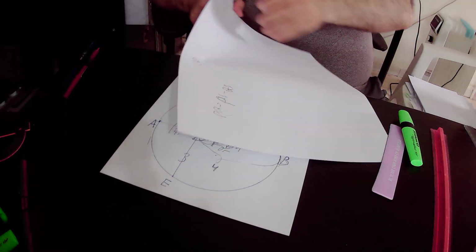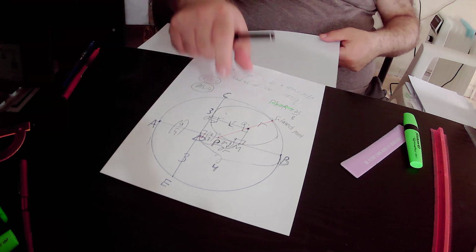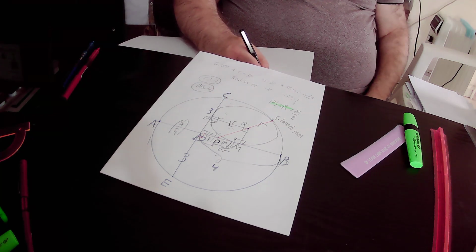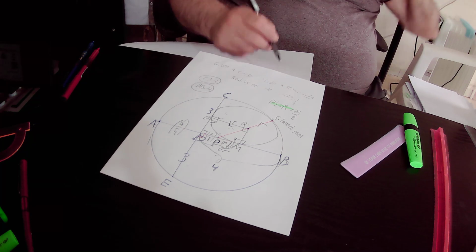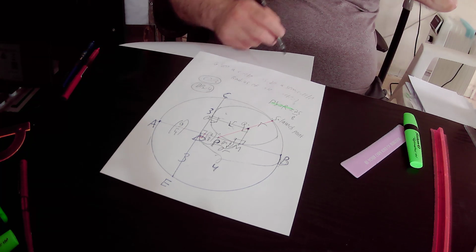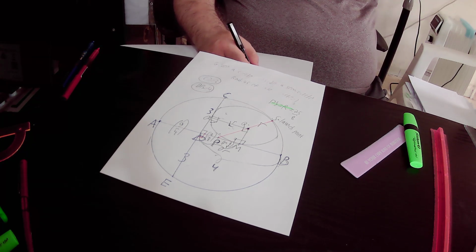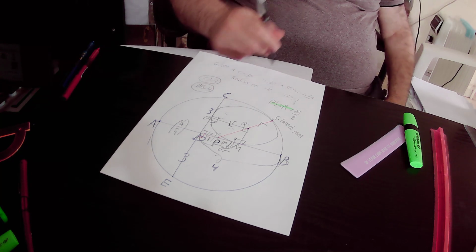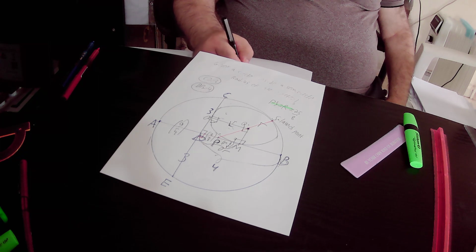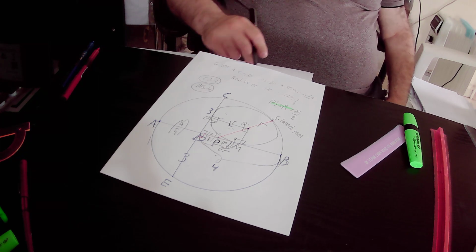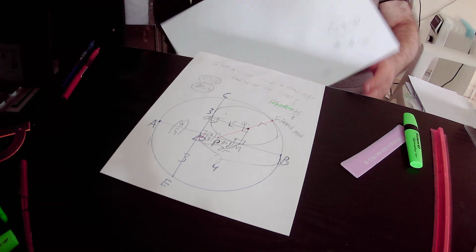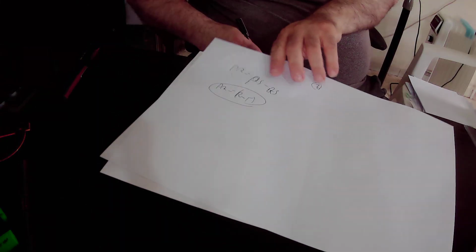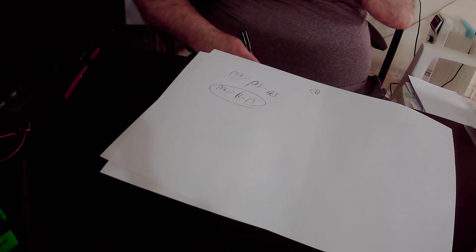So actually PQ, this line segment, equals PS. We already found out that PS equals capital R, so we substitute PS by capital R, minus QS. We already found out that QS equals small r. So in conclusion, we found out that PQ equals capital R minus small r.